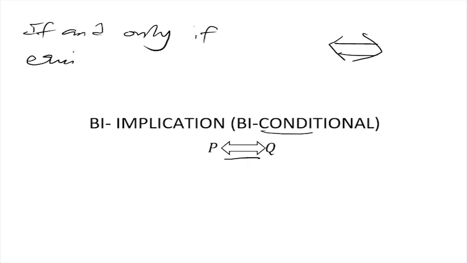As far as I'm concerned, this particular logical connective appears to be the easiest to interpret, because we are saying that P and Q, not necessarily directly equivalent, but if P is true, then Q must be true. Meaning that if P exists, then Q must exist, and vice versa. And also, we are saying that if P does not exist, then obviously Q does not exist too.